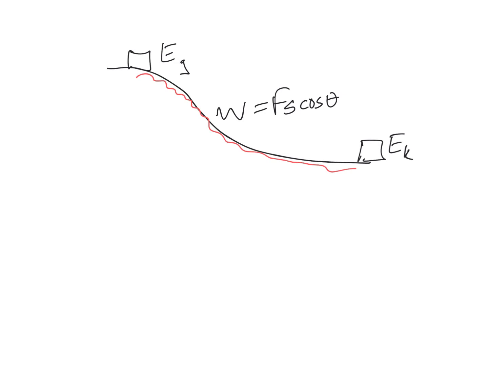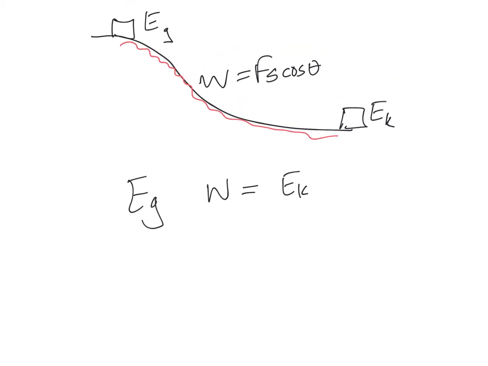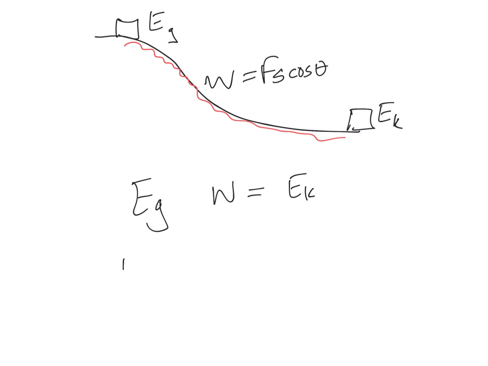What I was thinking about after class was, if you always put work before my equal sign, and take into account EG plus force times distance times cosine theta equals EK.